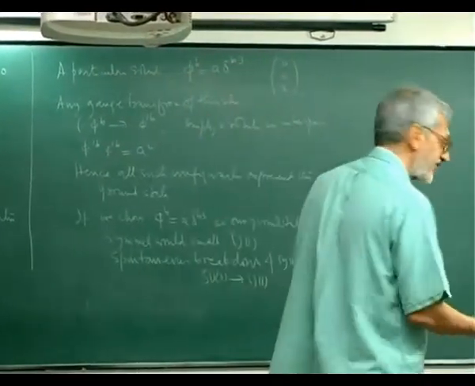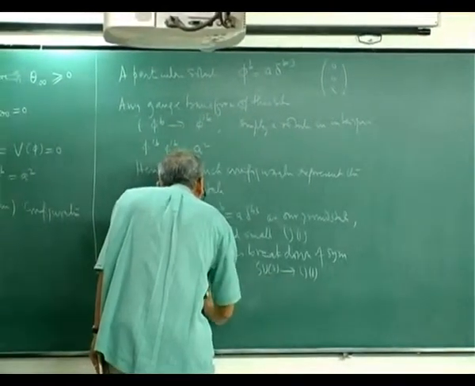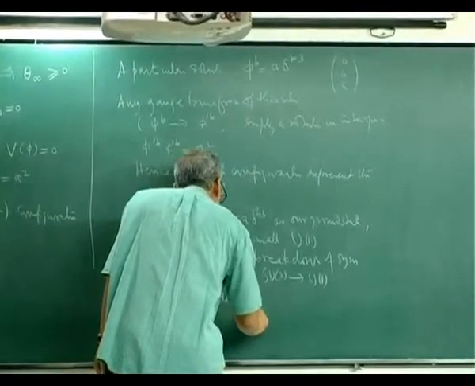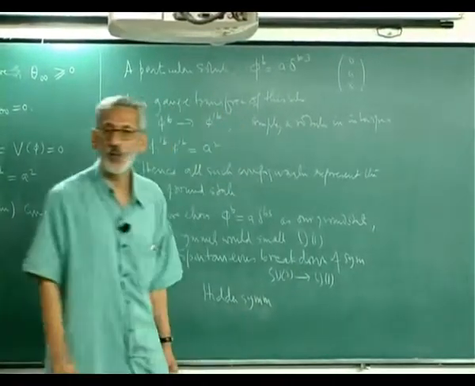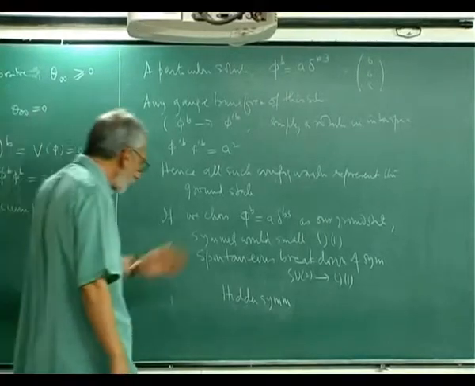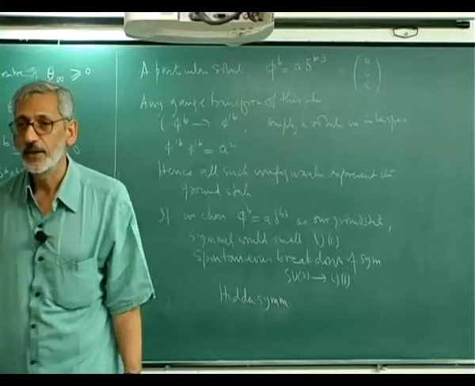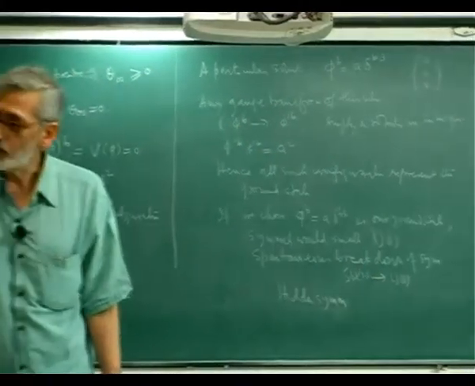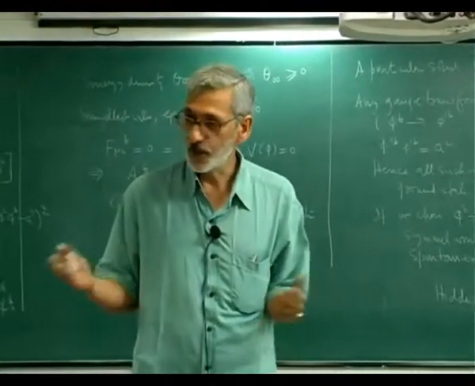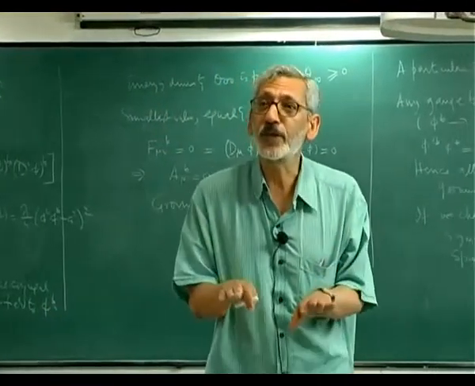So hidden symmetry, I think that is a better word. Or hidden invariance, in the sense that I was describing: if I do develop the theory around any one member of this class of ground states, the physics that I would get would be the same. So in that sense, the symmetry invariance is not really lost, but it gets hidden in the description that I develop.